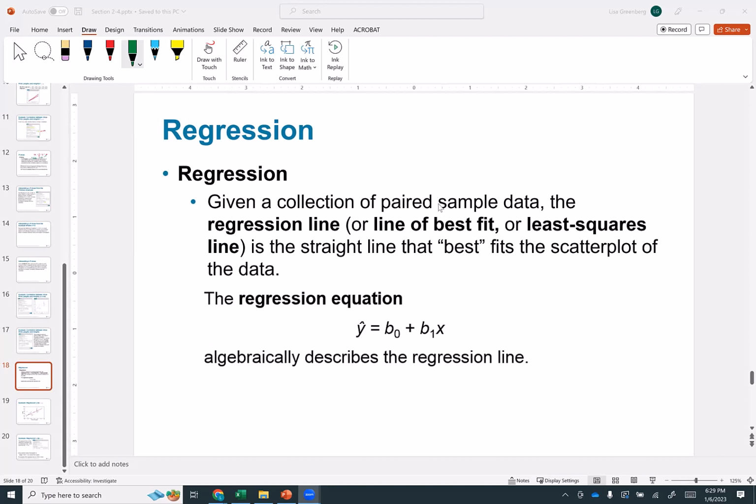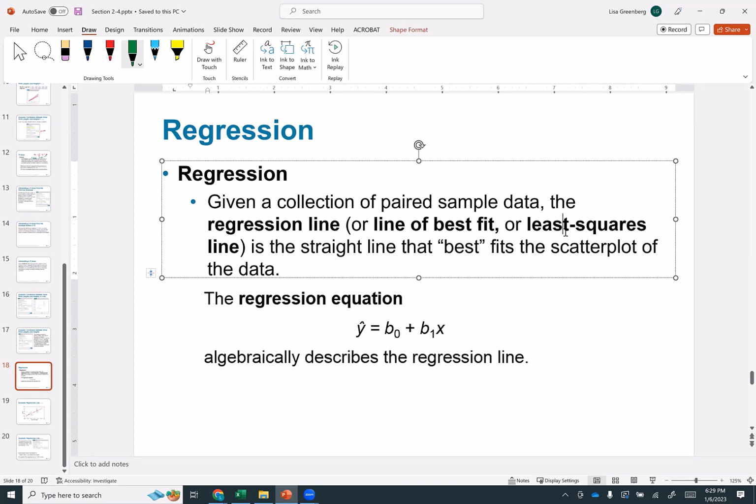Given a collection of paired data samples, the regression line, which is the same as the line of best fit, what line fits the data the best, or the least squares line. The least squares line means that I'm finding the distance between my point and the line that I'm assuming it is, and I'm squaring it, which makes it positive.